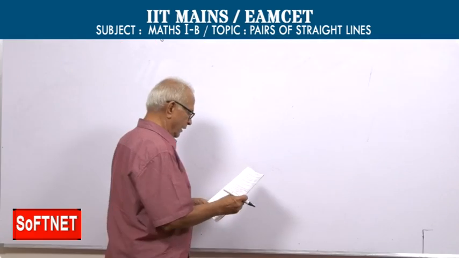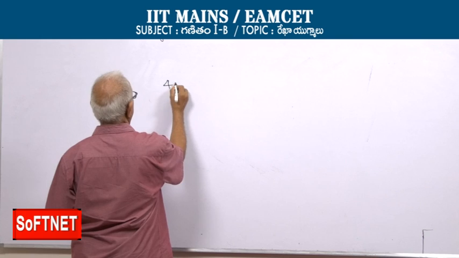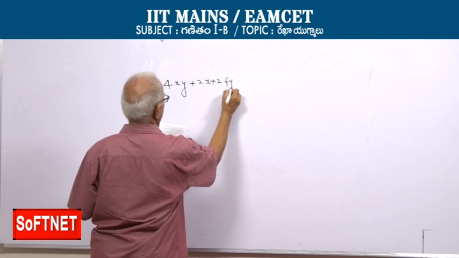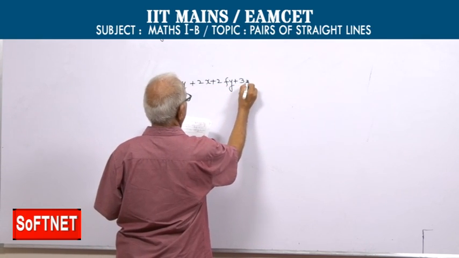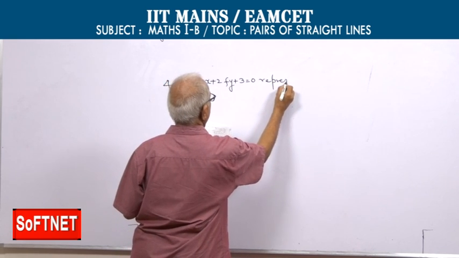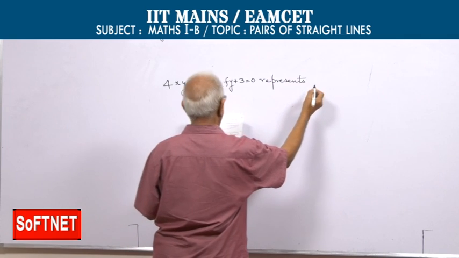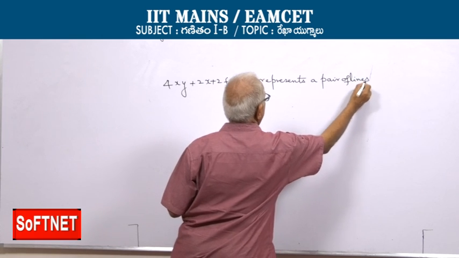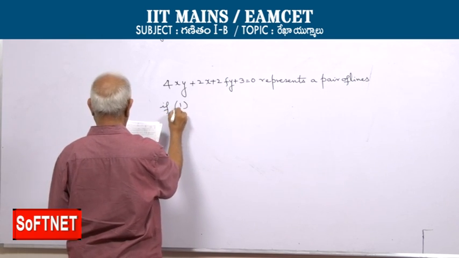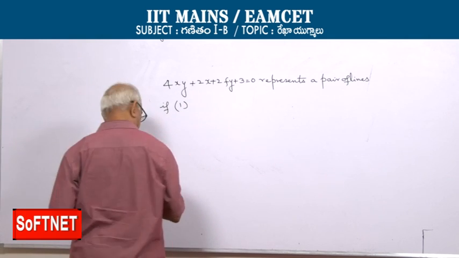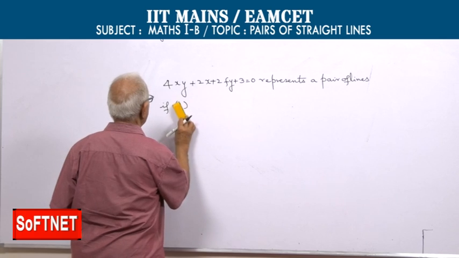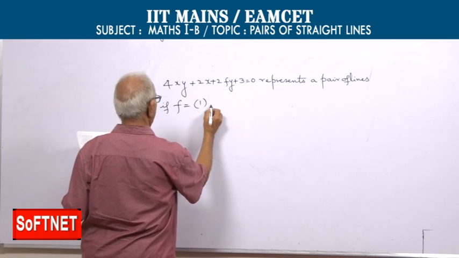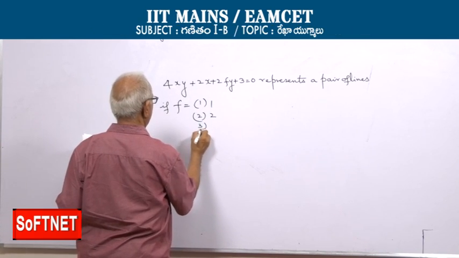Another simple question: 4xy plus 2x plus 2fy plus 3 equal to 0 represents a pair of lines if f equals, options 1, 2, 3, 4.